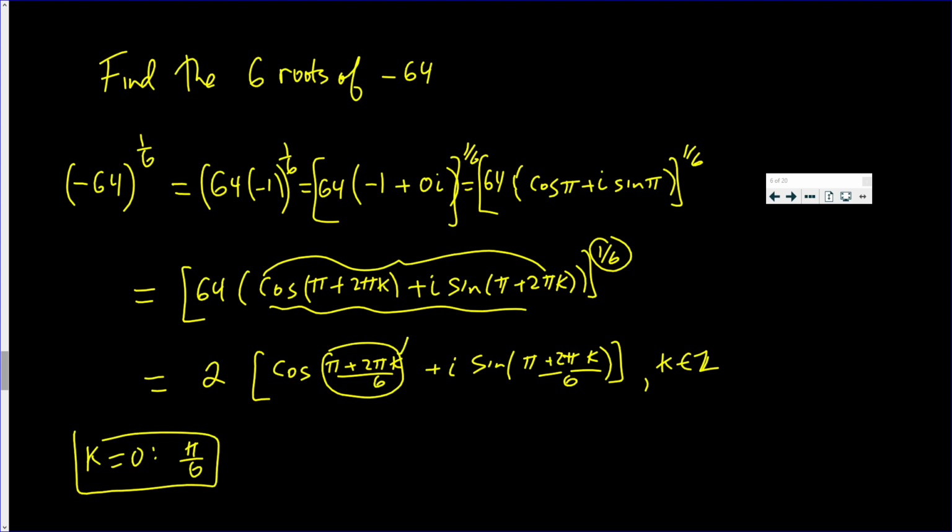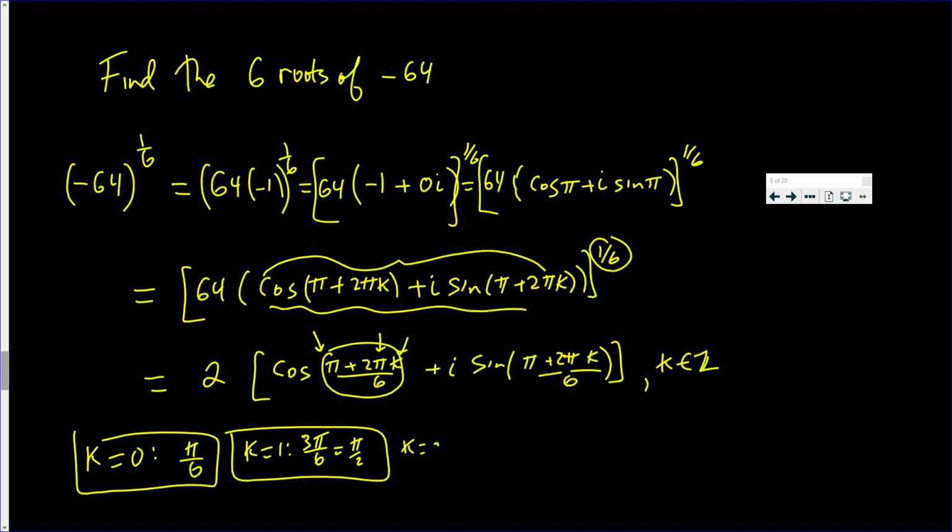That's the angle, because 2 pi times 0 is 0, and pi plus 0 is pi over 6. Now, if k is 1, 2 pi k will be 2 pi. Pi plus 2 pi is 3 pi over 6, which happens to be pi over 2.